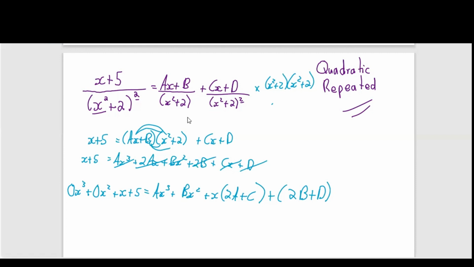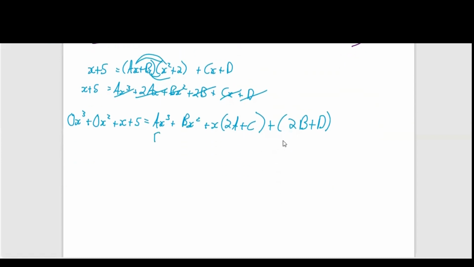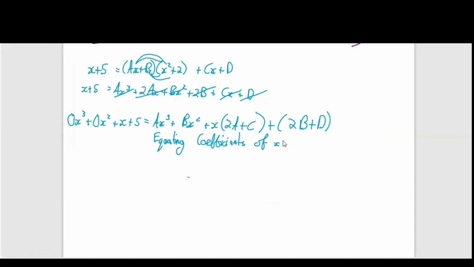Everything is accounted for, so now we can equate coefficients. Equating coefficients of x: we will have 0x cubed equal to ax cubed.